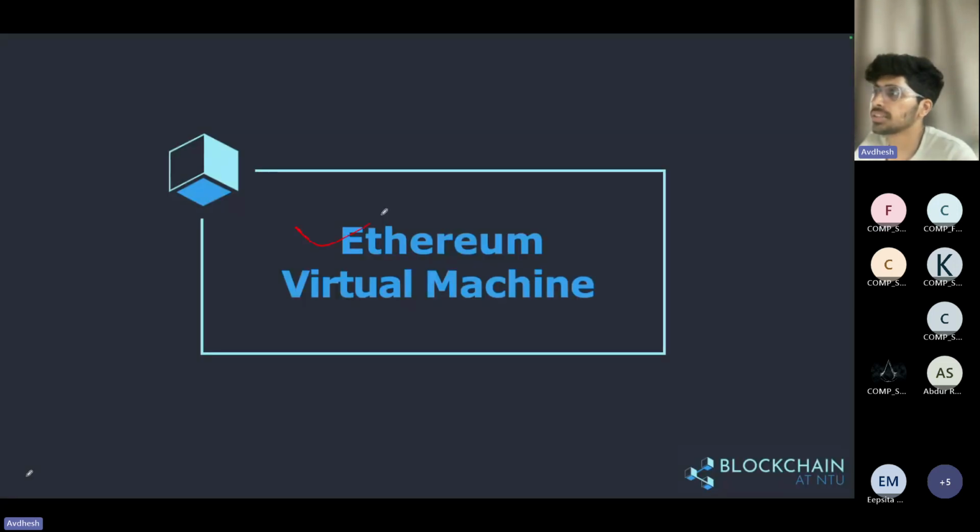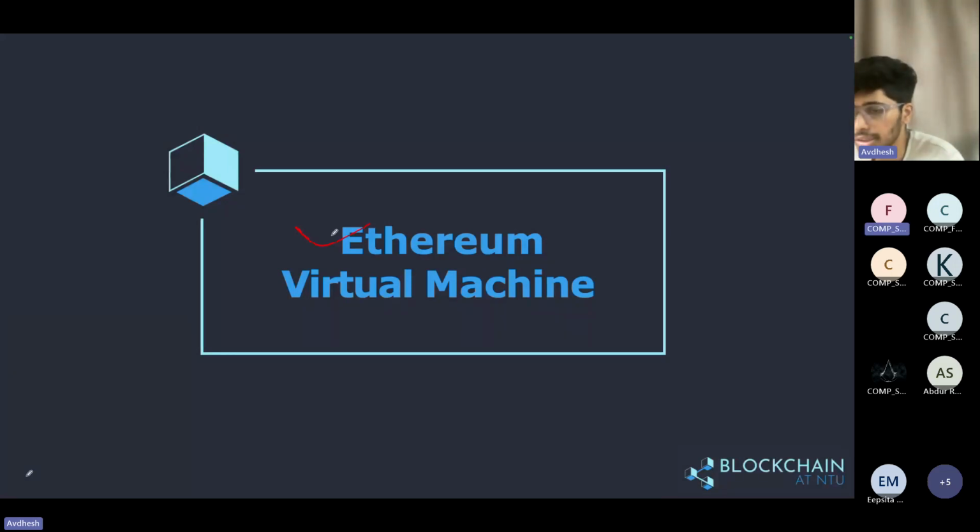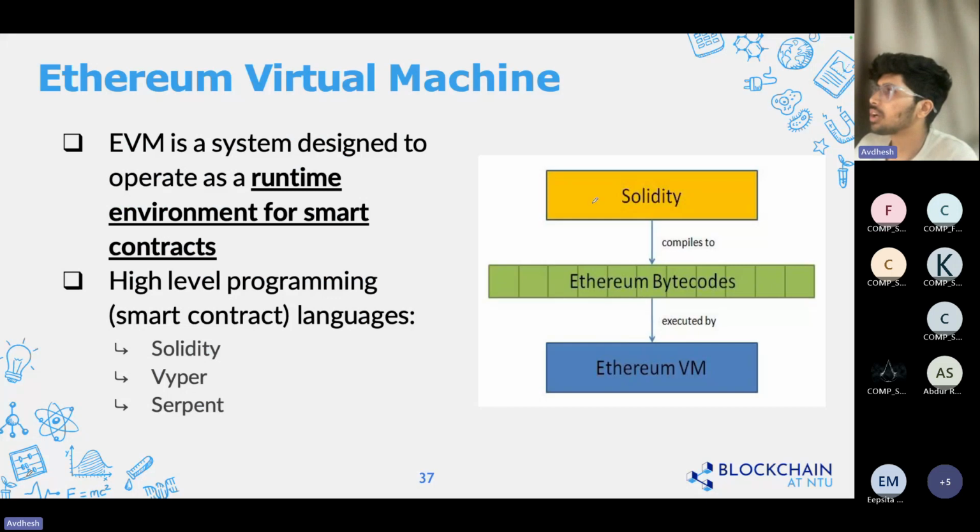And yeah, last part is the Ethereum Virtual Machine. So how do people code on Ethereum? There are a few languages called Solidity, Viper, Serpent as well. Yeah, Serpent. Just like I think you must have done coding in Java.